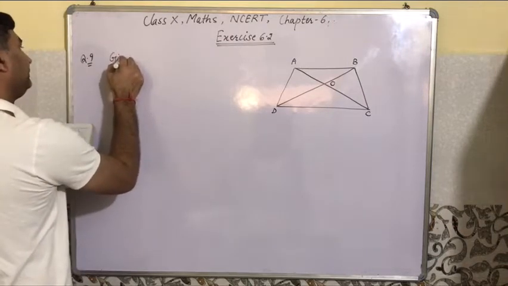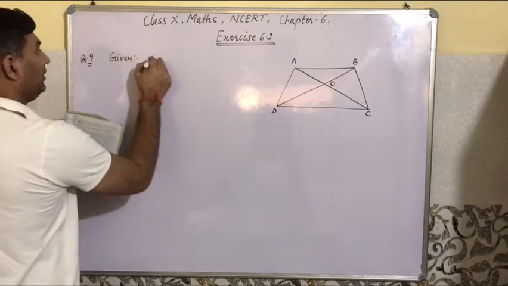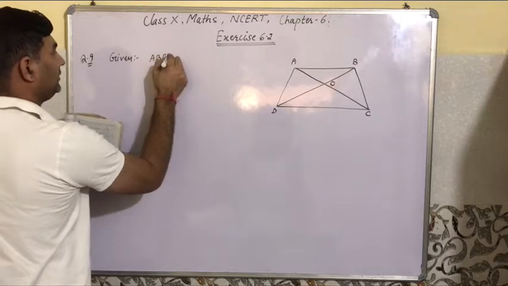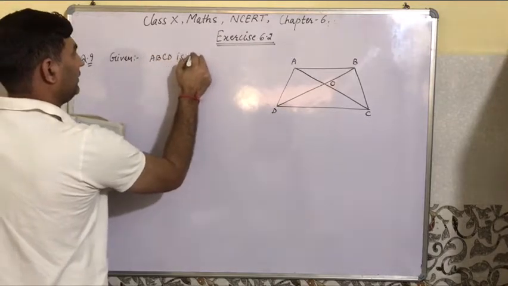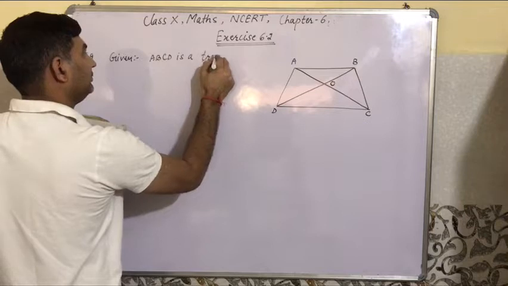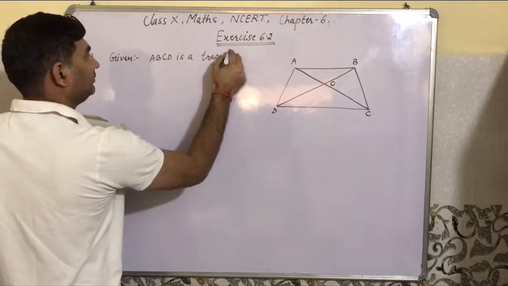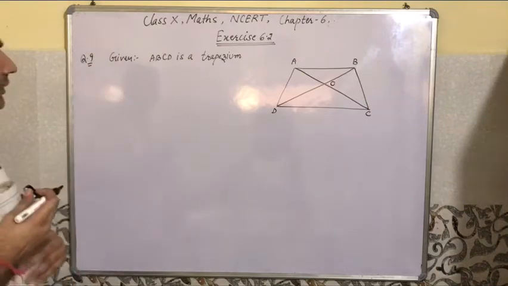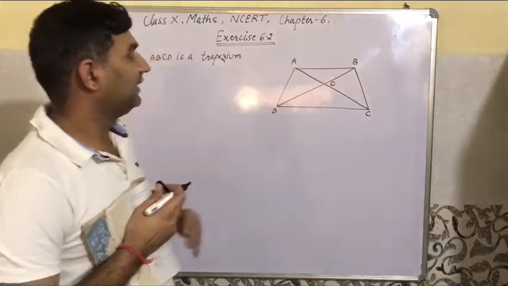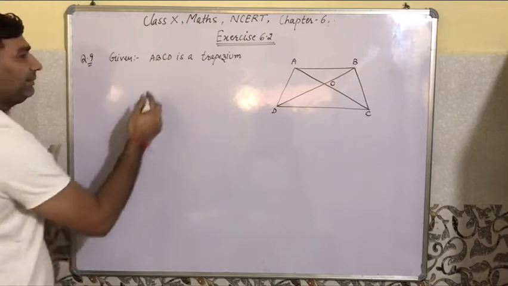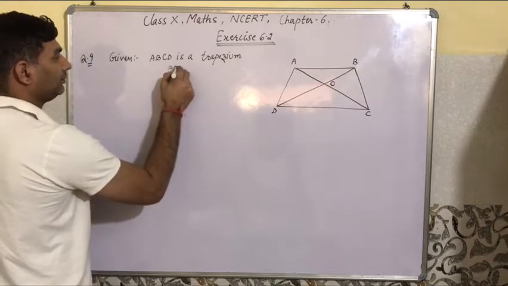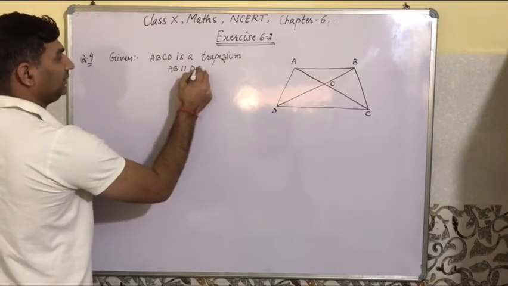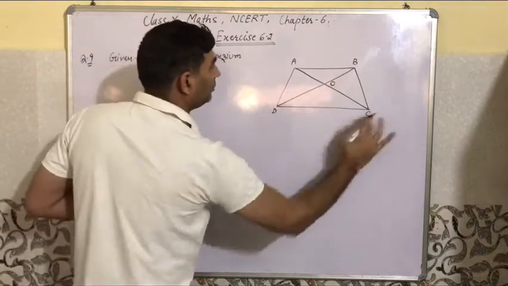Given ABCD is a trapezium. We know what a trapezium is: one pair of opposite sides are parallel. Then AB is parallel to DC.